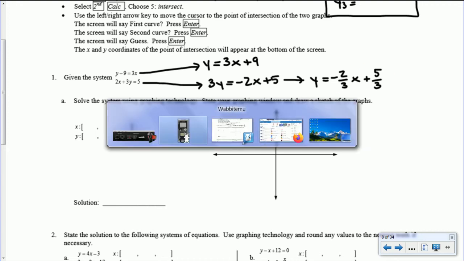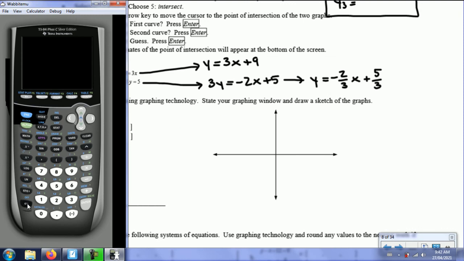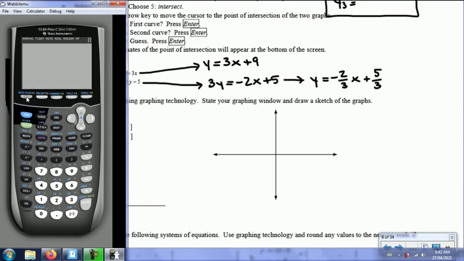Alright, so let's bring our calculator into the picture. So 3x plus 9 goes there. This one, negative 2/3 x plus 5/3, 5 divided by 3.